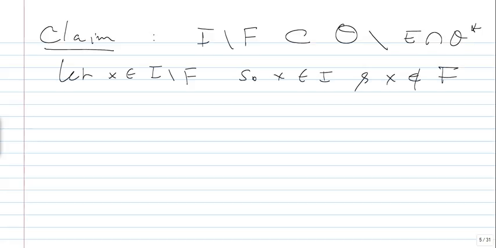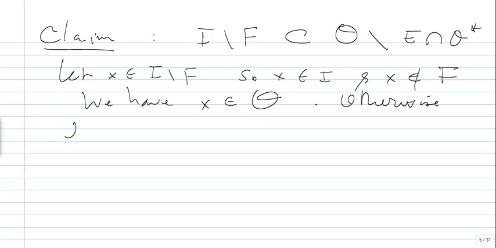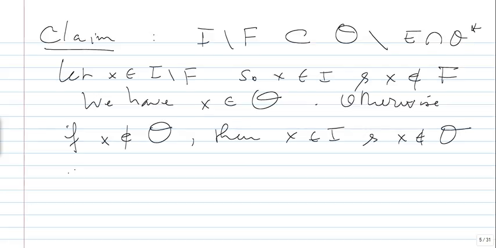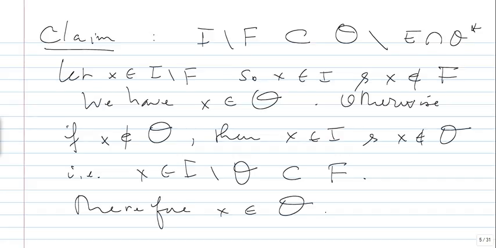I claim that x belongs to O. Otherwise, if x does not belong to O, then x belongs to I and x does not belong to O. In other words, x belongs to I minus O, which is a subset of F. A contradiction, because we said x doesn't belong to F. Therefore, x belongs to O. Good.